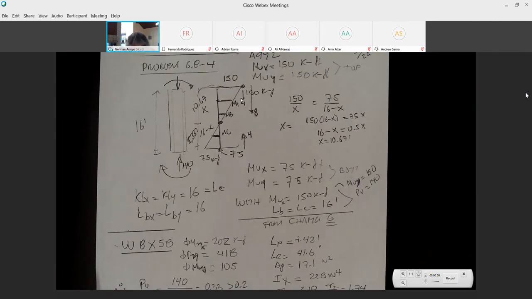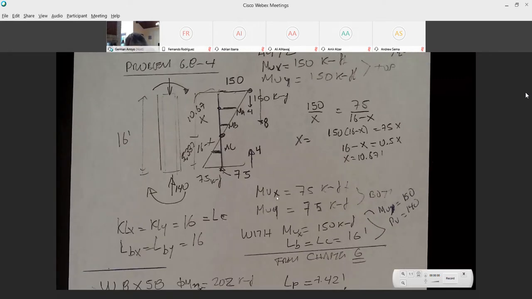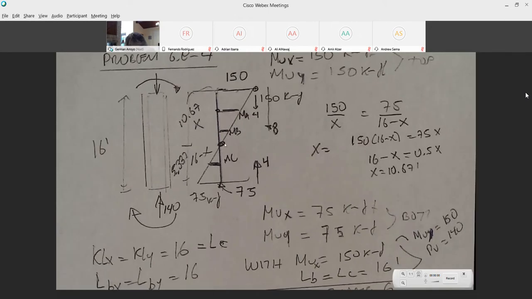I located them because total unbraced length 16, from this point 4, from this point 8, from the bottom 4. But we needed to find the intersection. We needed to know where this value is equal to 0. So you can do it just by similar triangle like I did in here.